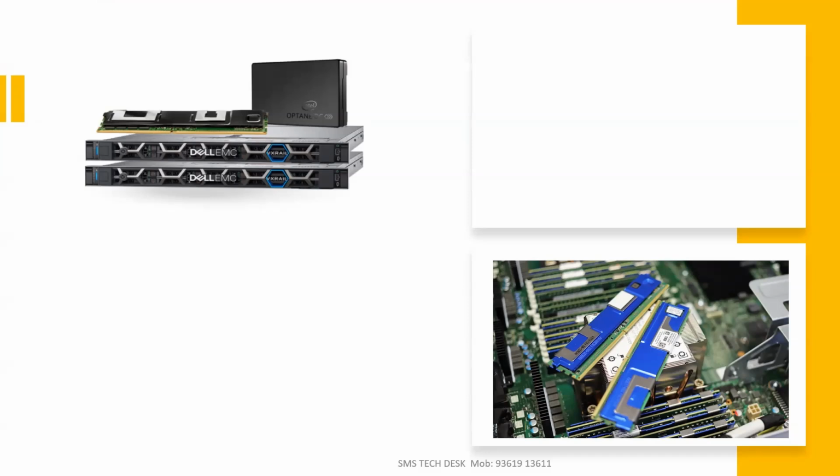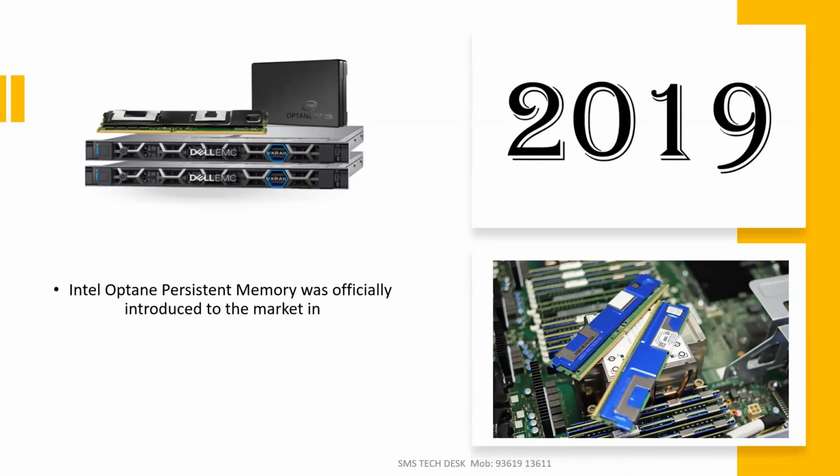It was officially introduced in the market in the year 2019. The company which introduced the product is Intel, that's why it's called Intel Optane persistent memory.